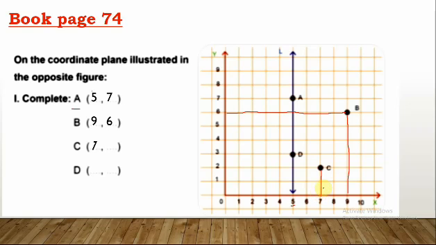The x-axis is 7. What about the y-axis? Move, 2. So the ordered pair for C is 7 and 2. What about D? Down for the x-axis, 5. What about the y-axis? 3. 5 and 3, the ordered pair for D.